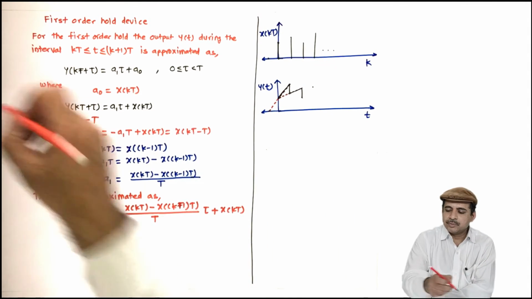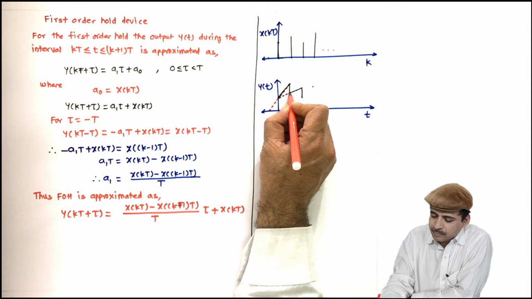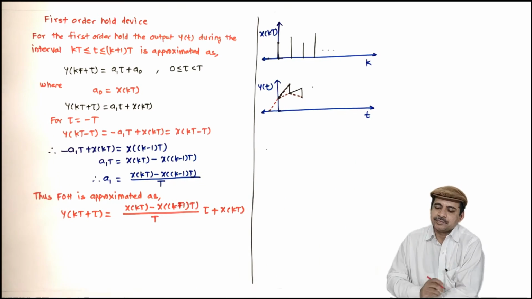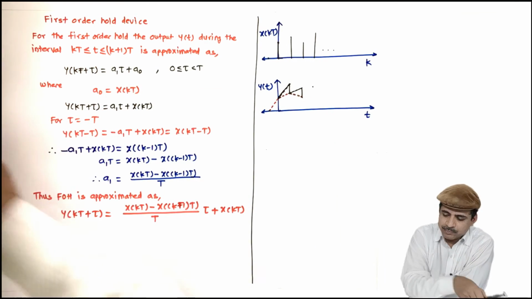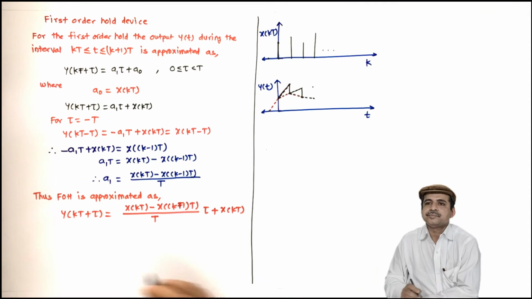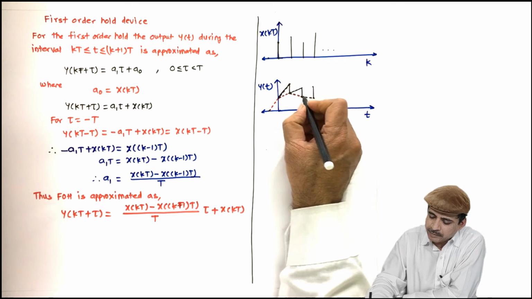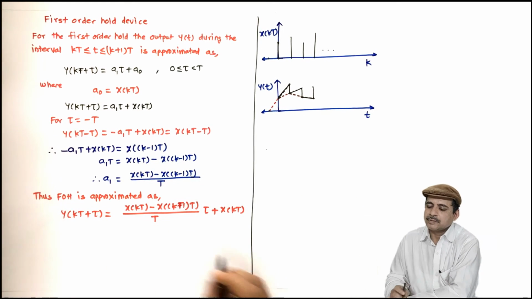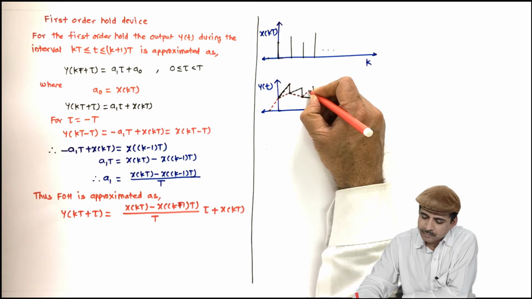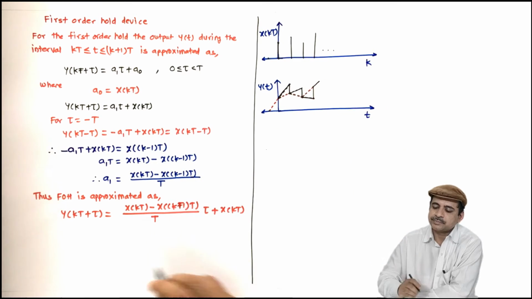And now while moving from this to this, I have this slope, previous and present, and I will move with the same slope, and then here, then for next sample I have this slope, so I will move with this slope till the next sample comes.